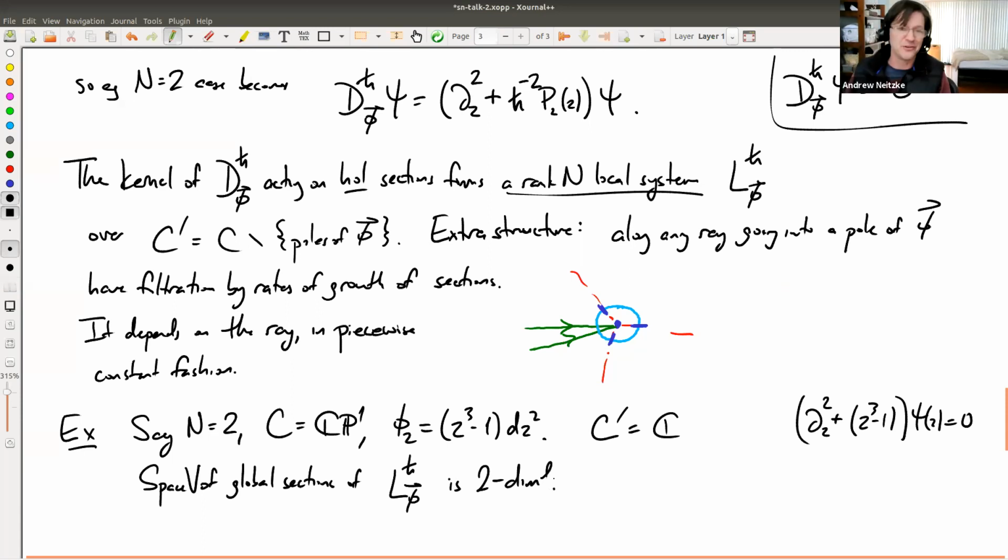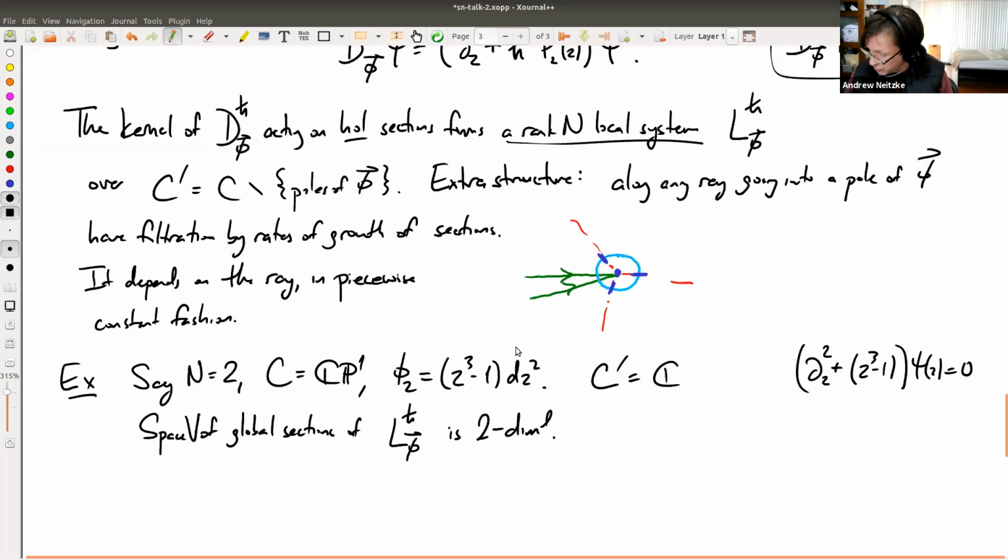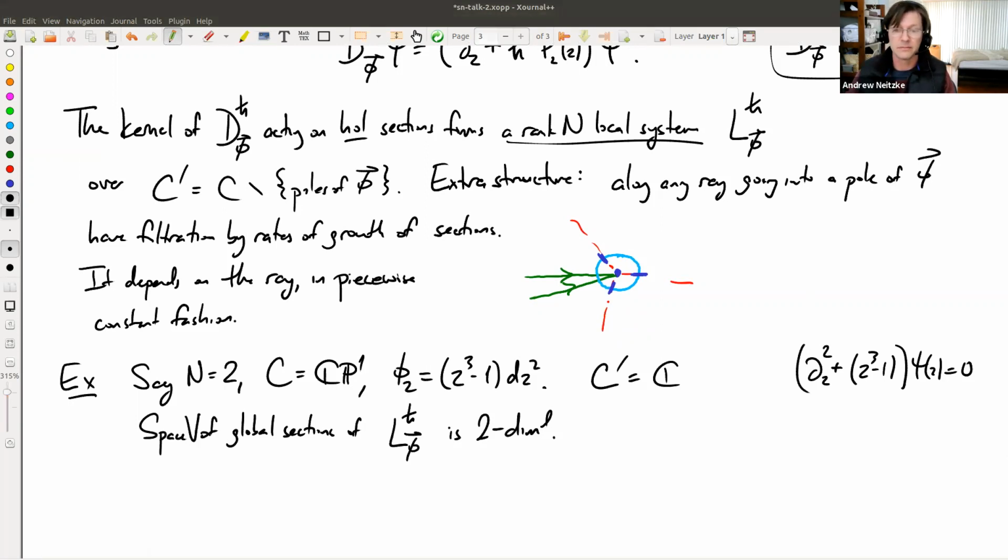And that at first sounds like no structure at all. Like, what am I going to study? It's just a two-dimensional vector space. But then it has a little bit of extra structure coming from the growth rates at infinity. So let me paste in for you a picture. So in this case, the picture looks like this.